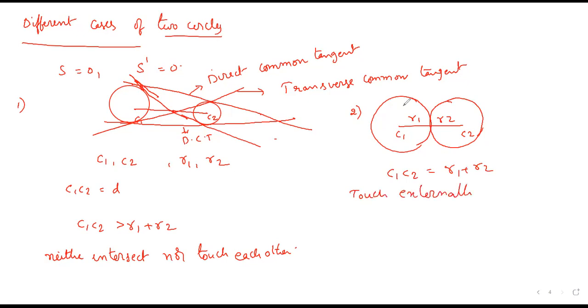In this case, you will get three common tangents: two direct and one transverse. So the condition for two circles to touch externally is C1C2 equals R1 plus R2.